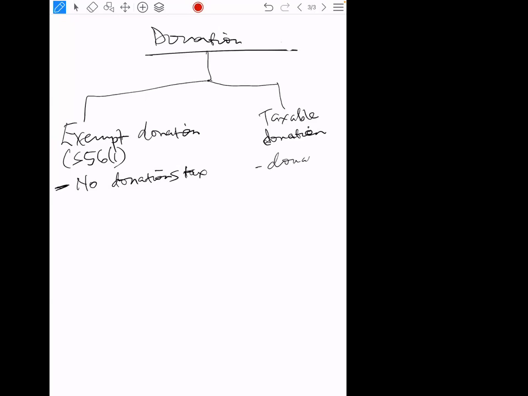So this type of donation will trigger donations tax payable at 20% or 25%. The circumstances will determine. Right. That's a mind map that we follow, that we consider whenever we have a donations tax question.